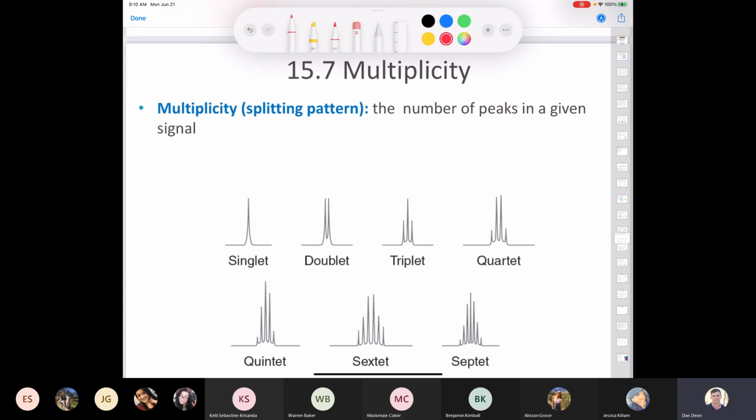Well, we haven't touched that yet, have we? We haven't touched, like, is the methylene connected to the methyl? Is a methyl connected to a methine? So on and so forth. And that will be explained in section 15.7 when we cover multiplicity, right?